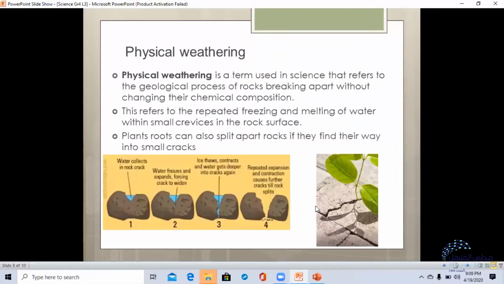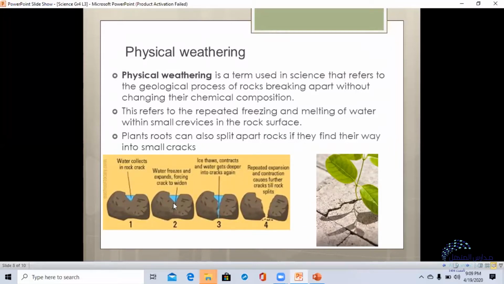Physical weathering is a term used in science that refers to the geological process of rocks breaking apart without changing their chemical composition, like we've seen in the caves. This refers to repeated freezing and melting of water within small crevices in the cracks of rocks of the surface. So in this demonstration, we can see down here in number 1, the water collects inside the rock crack.